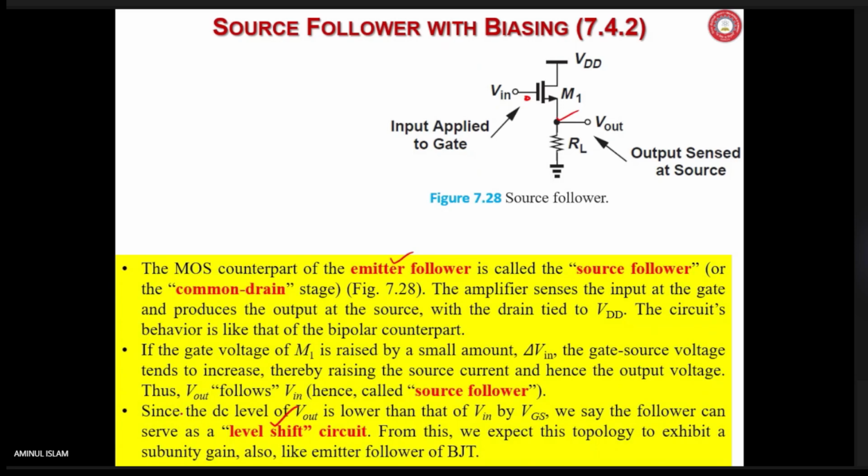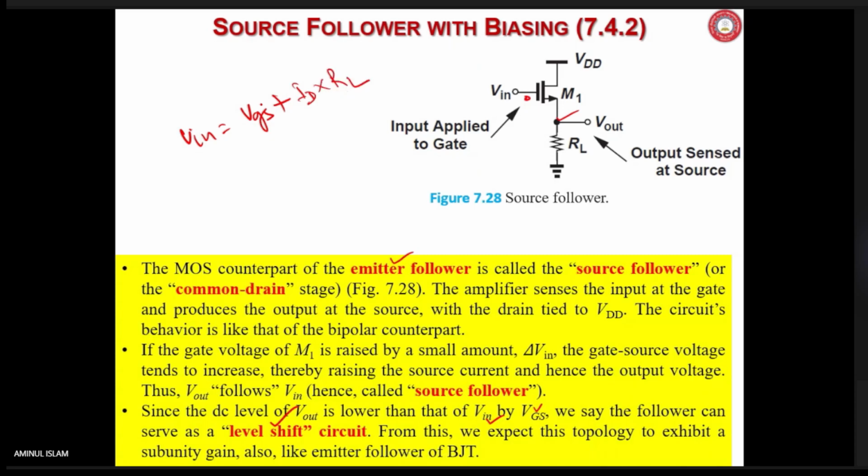Okay, since the DC level of V out is lower than that of V in by VGS, V in equals VGS plus some ID is going to flow through the transistor, ID into RL.